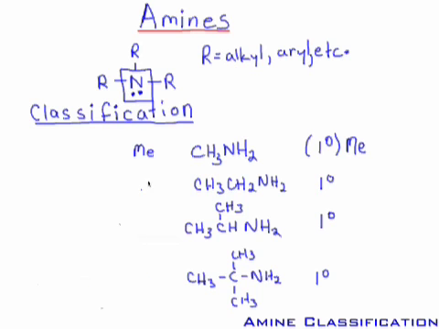So we're going to start with a primary. As pointed out, ethylamine, CH3CH2NH2, is primary. What would be an example of a secondary?